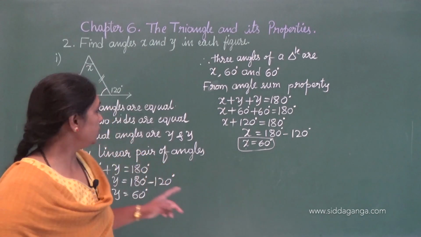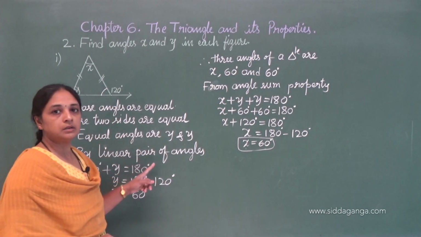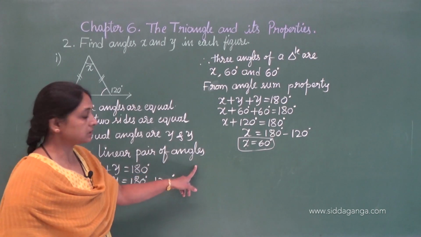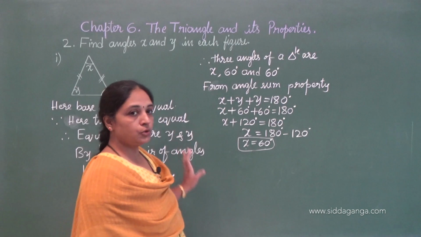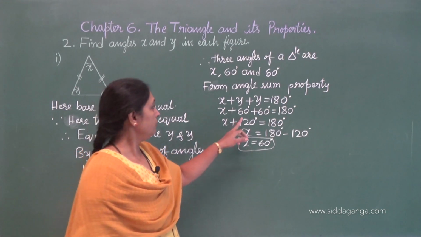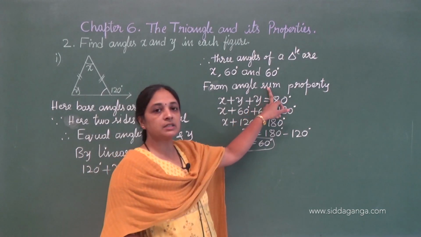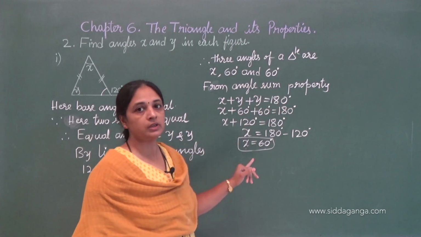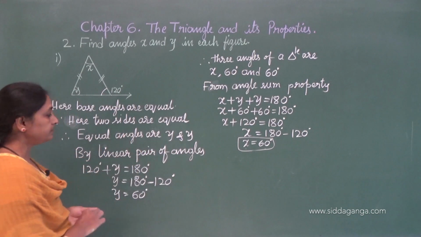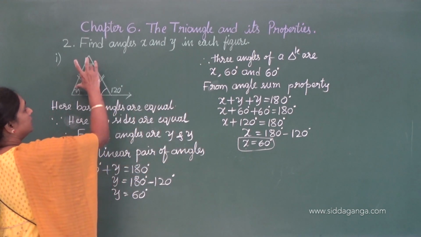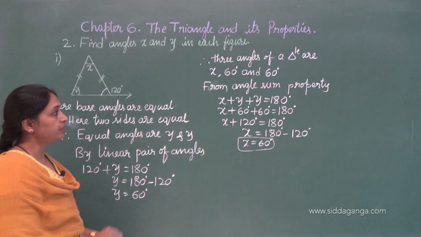So here we used the linear pair of angles property to find the value of y. And by using the value of y, we used angle sum property to find the value of x. So these two steps we used to find the value of x and y.